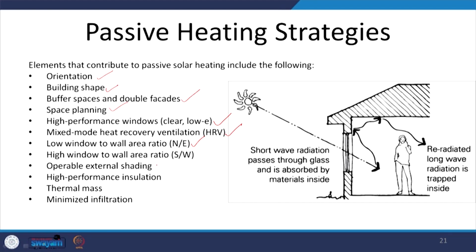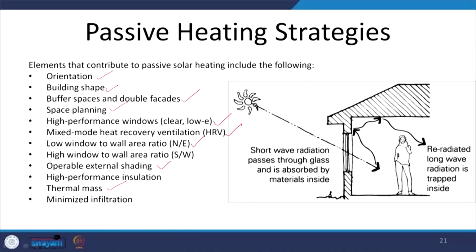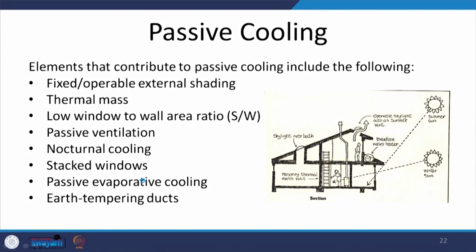We are talking about operable external shading as a passive heating strategy, because in winters we would want more solar radiation to come inside the building, but not during the summer season. High thermal mass, and we have to minimize infiltration, especially during the cold period.